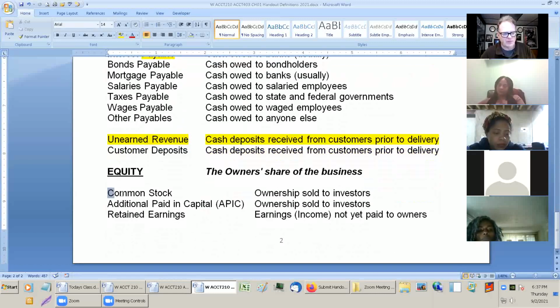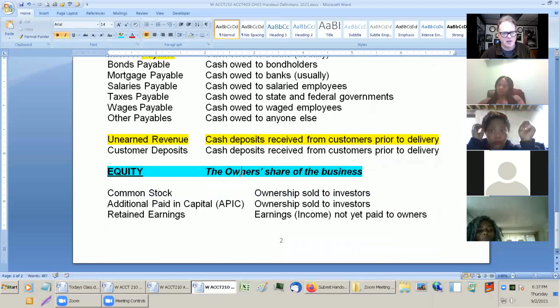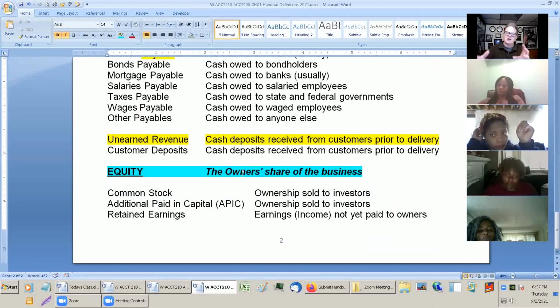Okay, and this is down here. This is also a little bit kind of kooky. The equity section, because it's a weird way of thinking of things. The business will sell ownership to investors. So if you have a company, they'll have common stock printed up, and they'll sell that to investors.